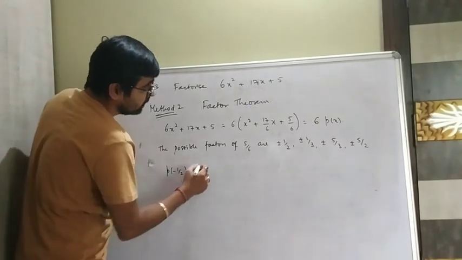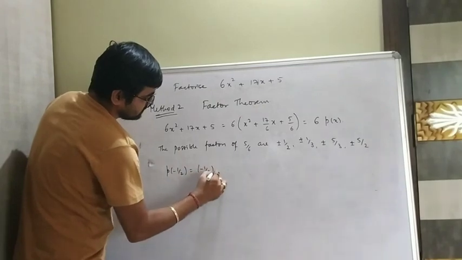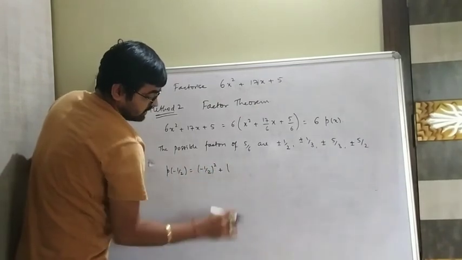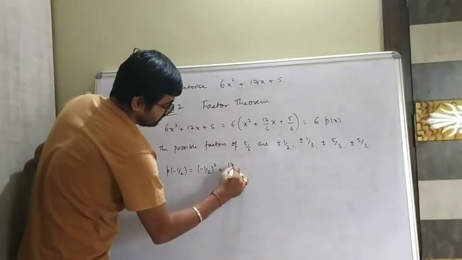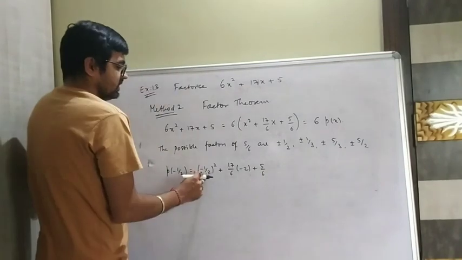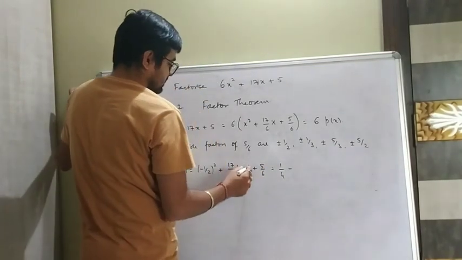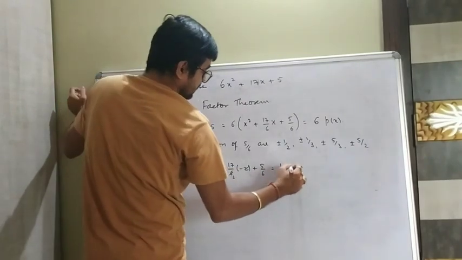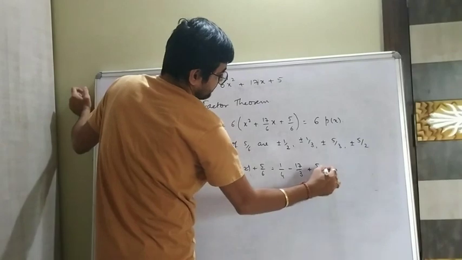Minus 1 by 2. If I replace over here, so it will be minus 1 by 2 square, 17 by 6 into minus 1 by 2, plus 5 by 6. So this becomes 1 by 4 minus 17 by 12, this and this get cancelled, so 1 by 4 minus 17 by 12 plus 5 by 6.